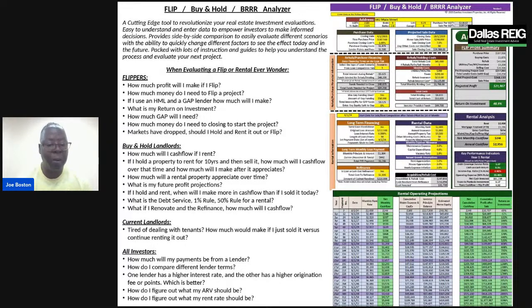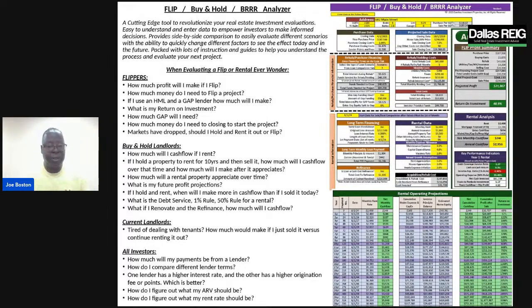How do I figure out what my ARV should be, right? In order to make the number that you want to make, meaning the cash flow number and the return that you want to make. And how do I figure out what my rent rate should be, right? So to get to that cash flow number, how much rent would you actually have to charge? Is it too much for your marketplace, right? Or too much for that zip code?